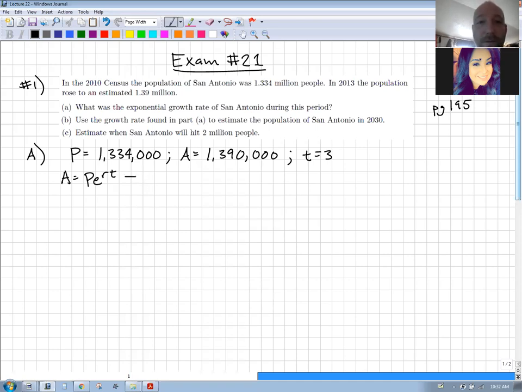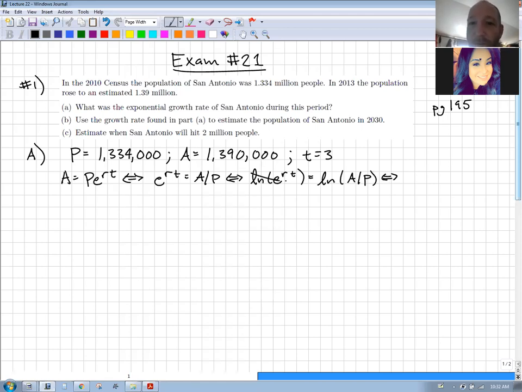To solve for R, we can divide both sides by P. Now we can take the natural log of both sides because we want to get that R out of the exponential.